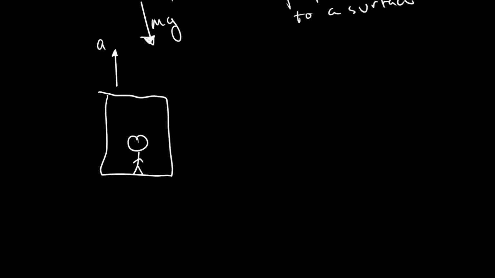Well, the elevator has to accelerate you along with it, which means that now you are experiencing, I'll call this Fe. So it's already pushing with the force of gravity because it has to keep you from falling through the floor. But now it has to pull you along with it with the same acceleration. So it has to push you with a force ma.